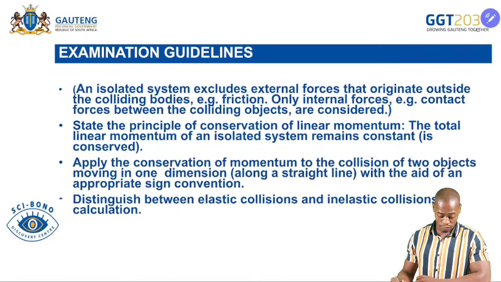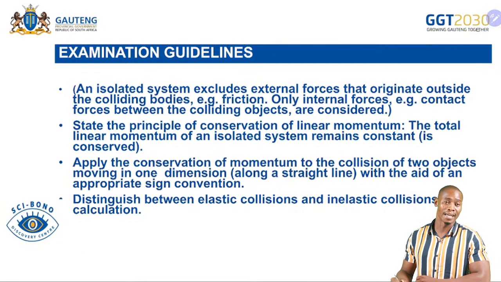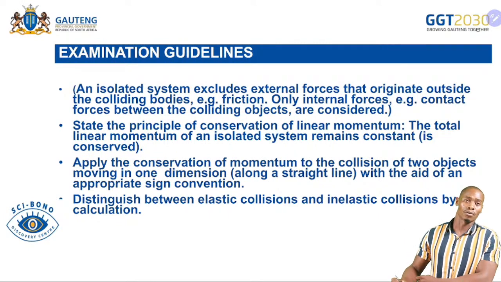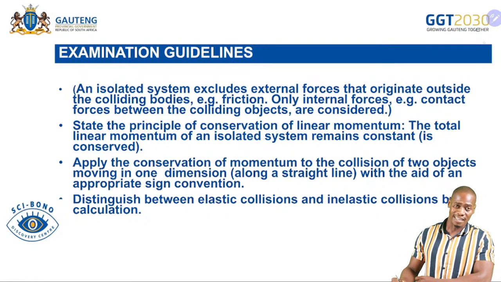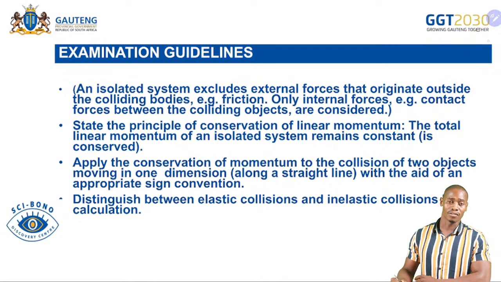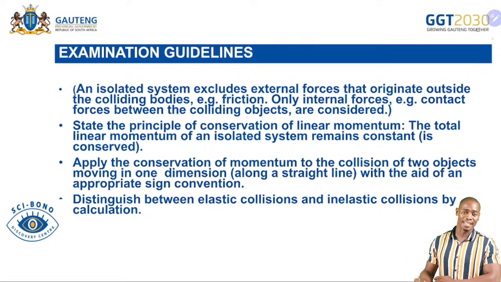So that is your examination guideline. You must be able by now to state correctly the principle of conservation of linear momentum, and distinguish between elastic and inelastic collisions. Remember, learners, our focus today is on the principle of conservation of linear momentum and elastic and inelastic collisions.